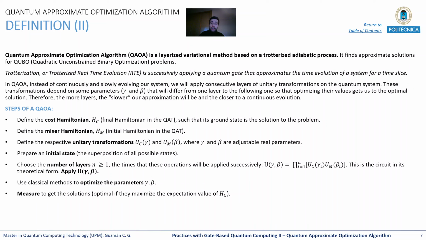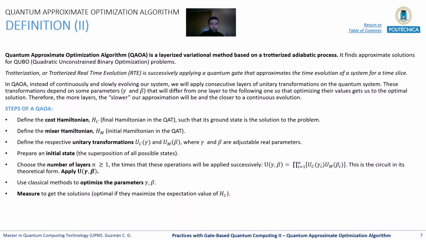Here QAT means quantum adiabatic theorem. We define the respective unitary transformations that are dependent on the parameters. Each one of them refers to one of the Hamiltonians, and each one of them depends on one of the parameters that we are going to try and optimize.